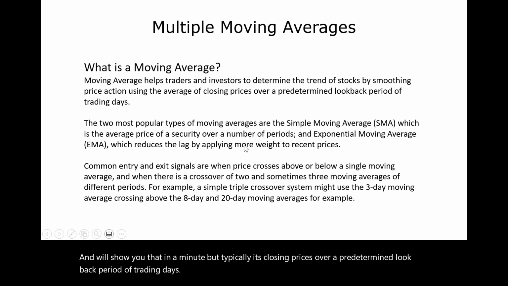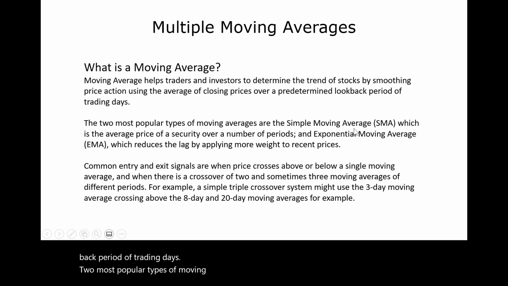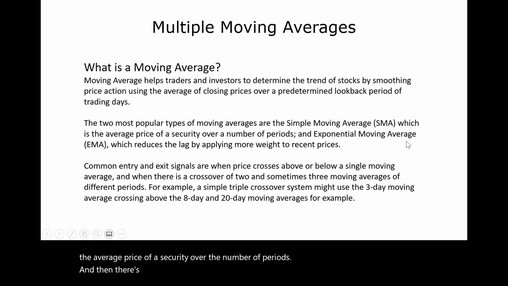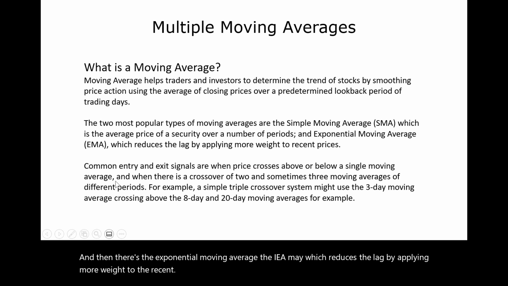The two most popular types of moving averages are the simple moving average, which is just the average price of a security over the number of periods. And then there's the exponential moving average, the EMA, which reduces the lag by applying more weight to the recent prices.